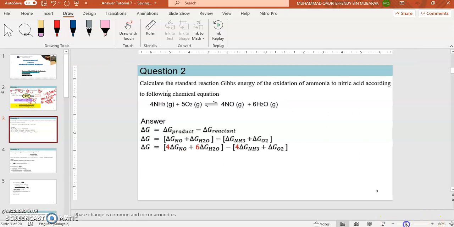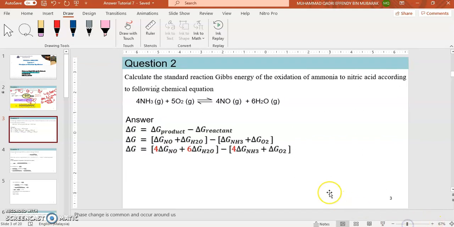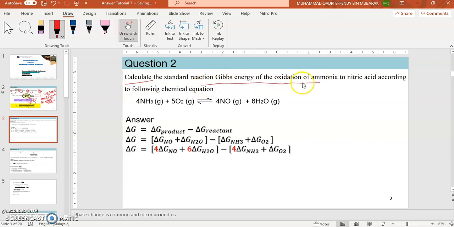This question asks us to calculate the standard reaction Gibbs energy of the oxidation of ammonia.